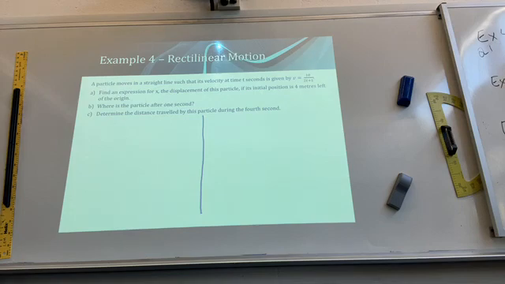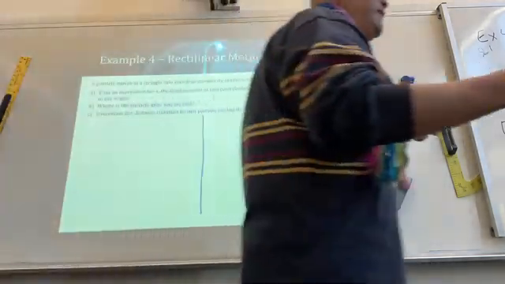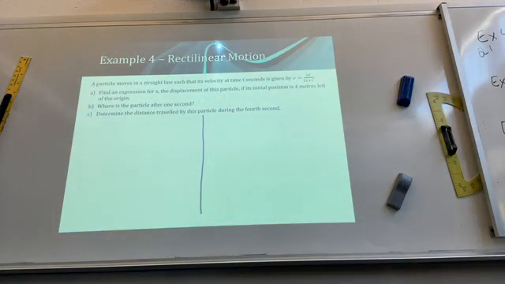You need to recall rectilinear motion. It's displacement, and the first derivative of displacement is the velocity, and then the second derivative of displacement, or the first derivative of velocity, is acceleration. So you must be able to go from displacement to velocity to acceleration back and forth.